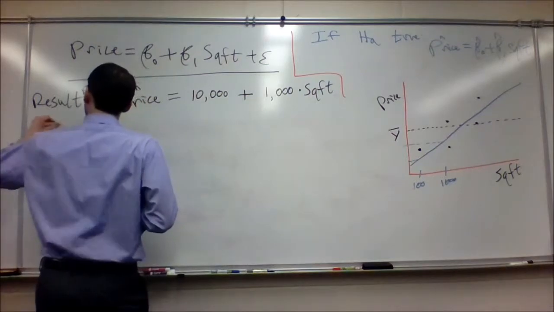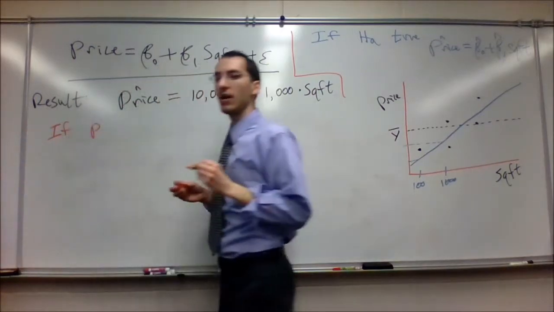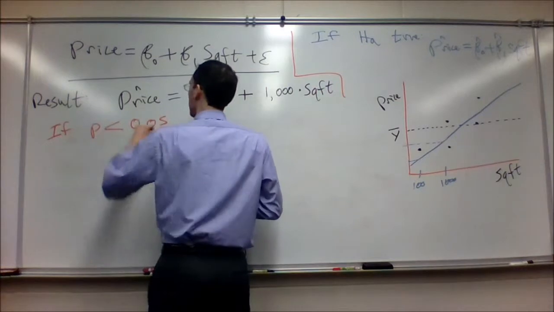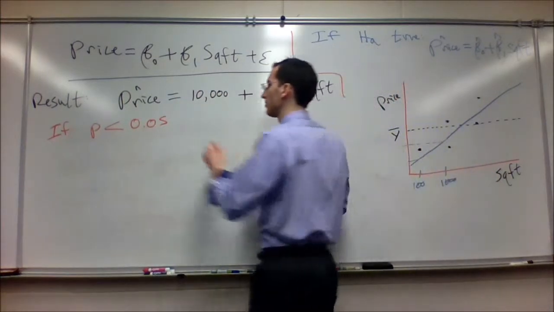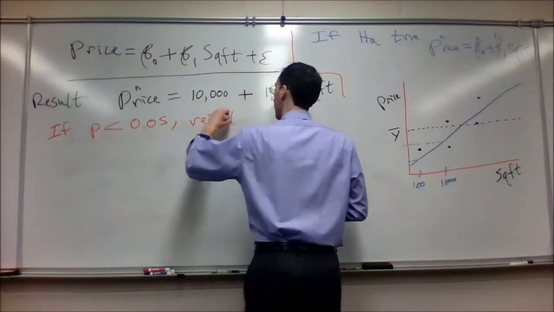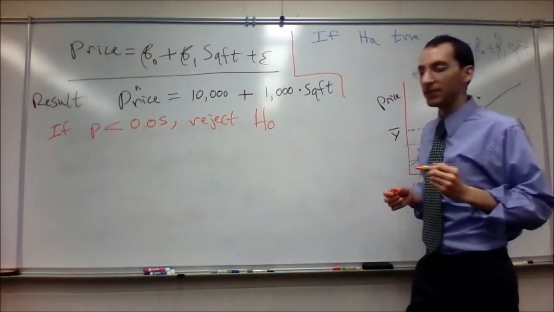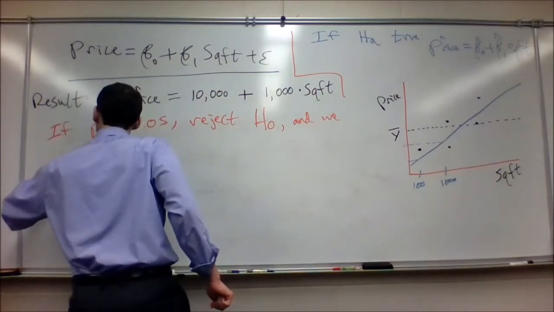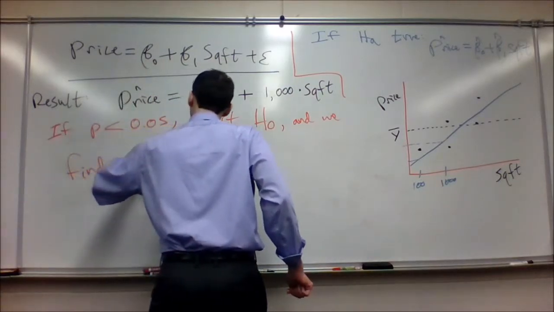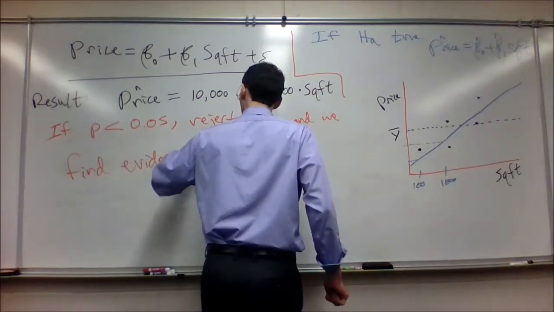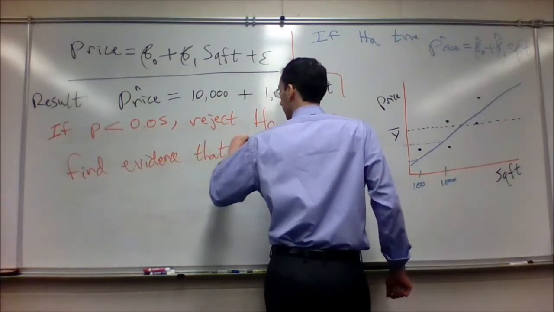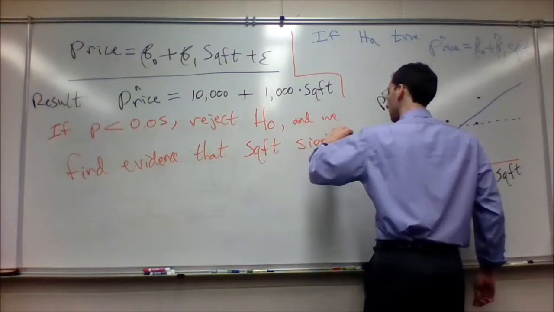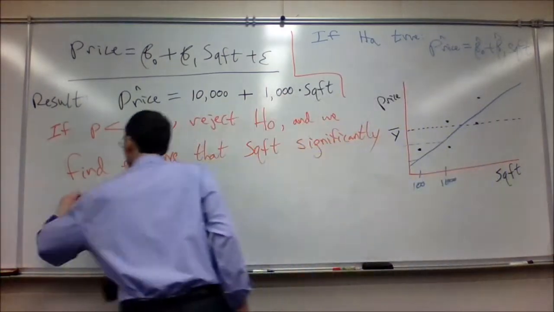So if the p-value on our slope coefficient is, we'll just say less than 0.05, that tends to be the case, then we reject our null hypothesis and we find evidence that, say, square feet significantly predicts price.